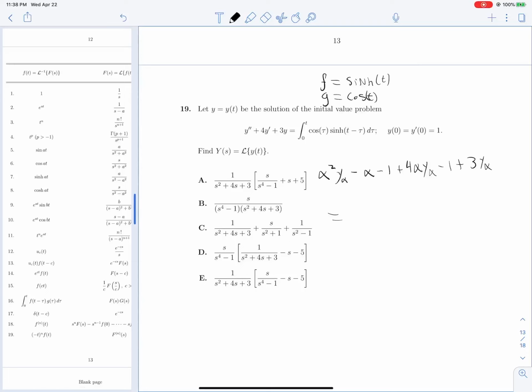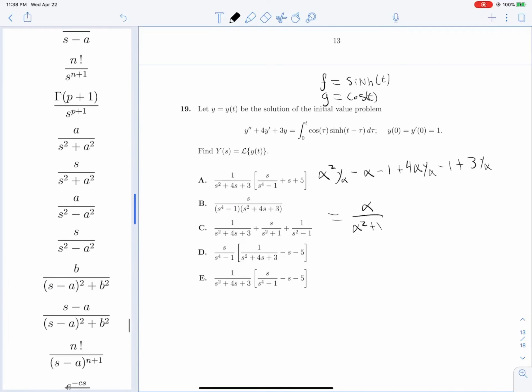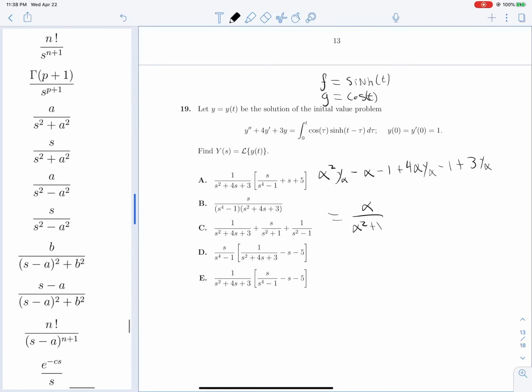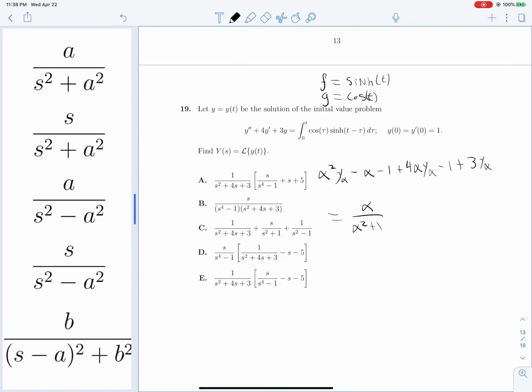Well, the Laplace transform of cosine of t is just going to be alpha over alpha squared plus 1. Find their Laplace transforms, that's what I was trying to say. And then the Laplace transform of hyperbolic sine will just be a, which is 1 in our case, so 1 over alpha squared minus 1, by the convolution theorem. Okay.